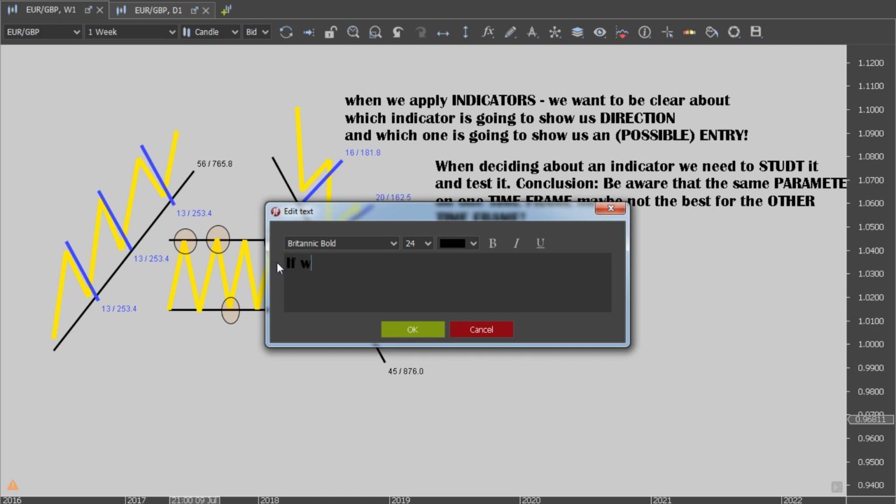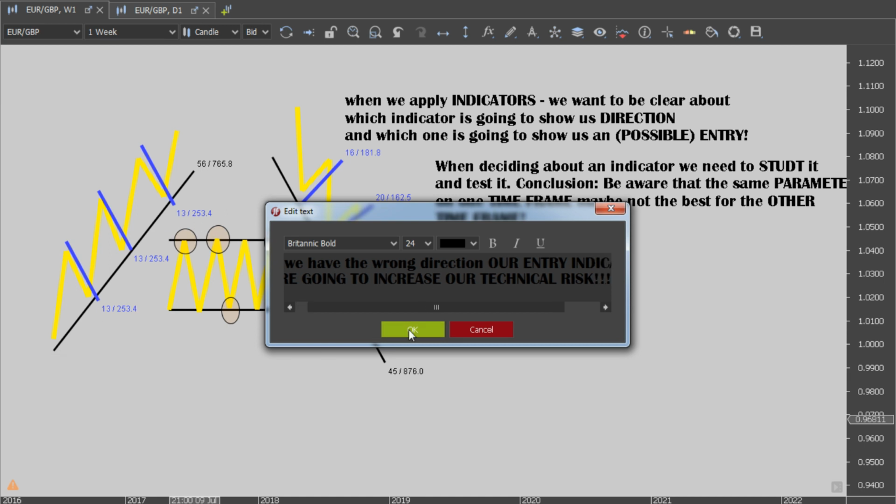If we have the wrong direction, our entry indicators are going to increase our technical risk.